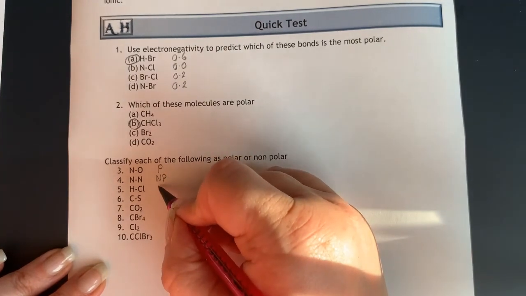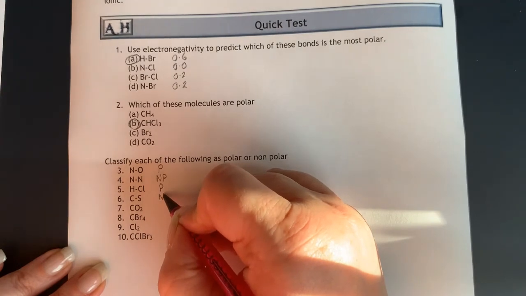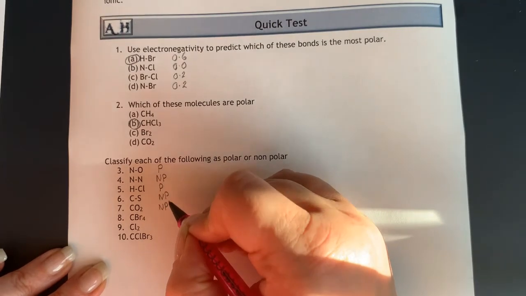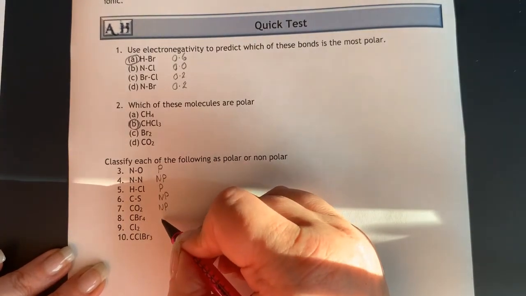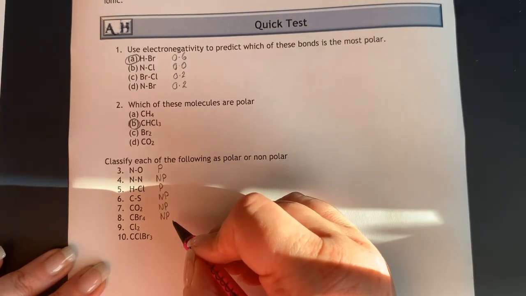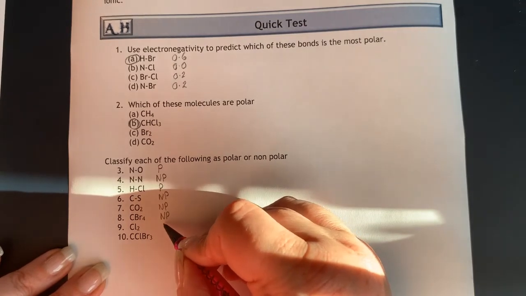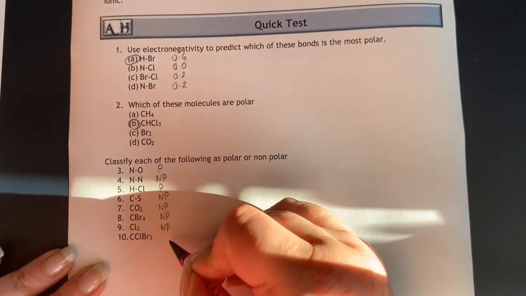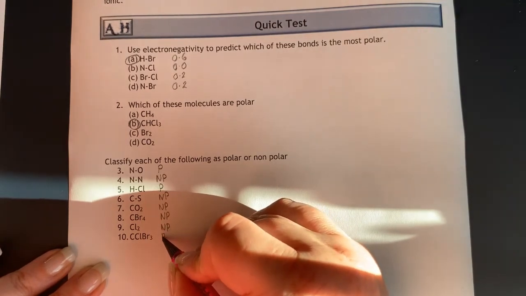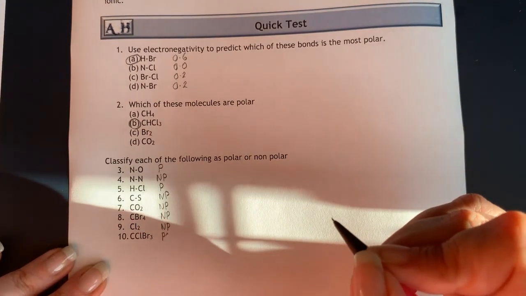Non-polar, polar, non-polar, non-polar for the carbon dioxide, non-polar for the carbon tetrabromide, non-polar for the chlorine, and polar for that last molecule.